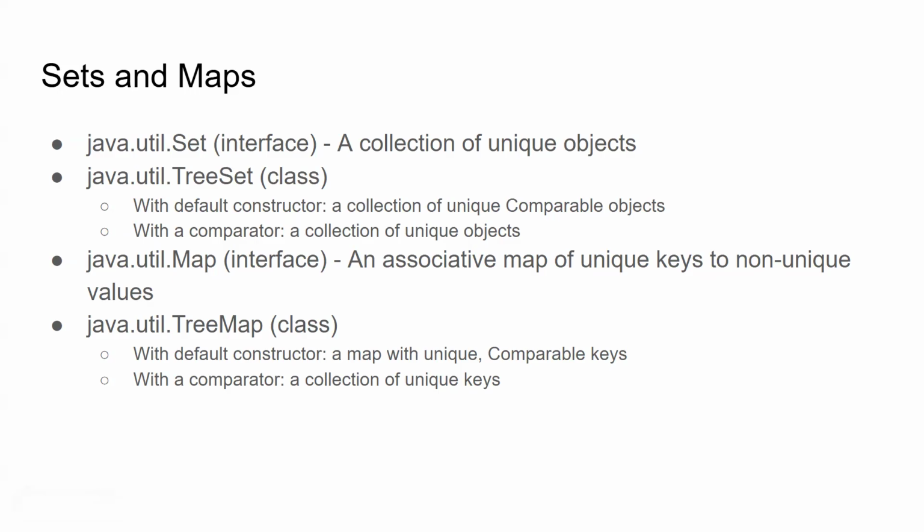A set is a collection of unique objects, and a map is an associative map of unique keys to non-unique values. We'll go into that in a bit more detail. A TreeMap is a version of a map that's based on a binary tree, and we'll talk about that in more detail later also.